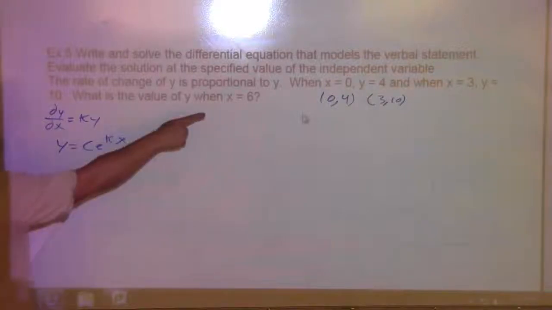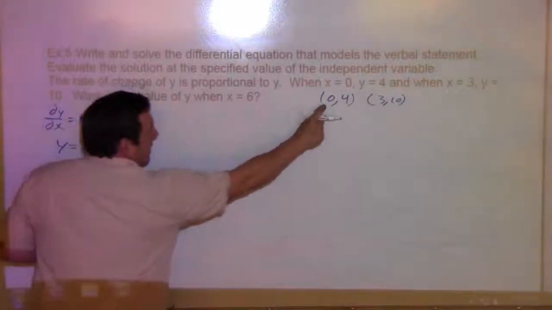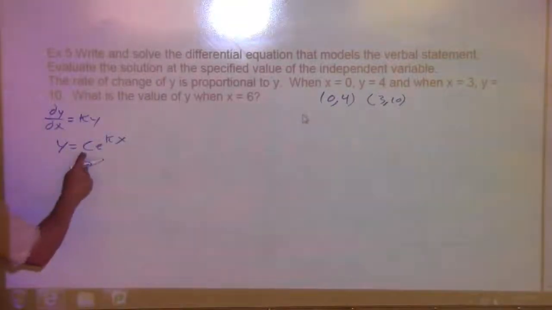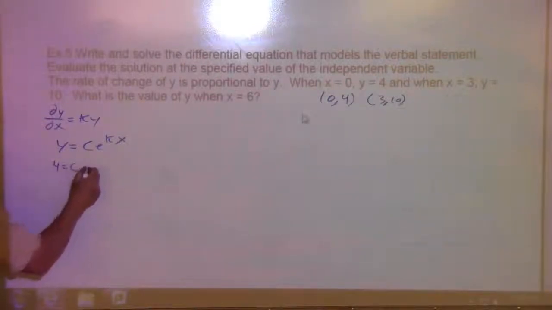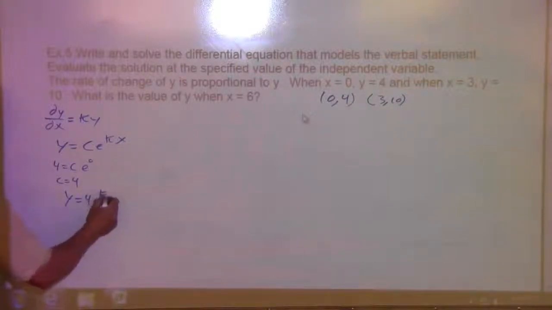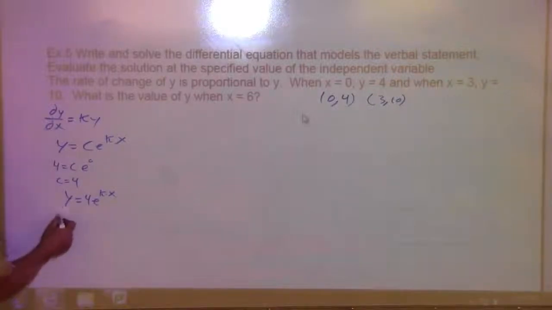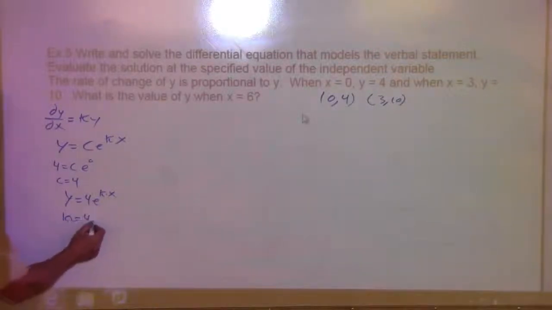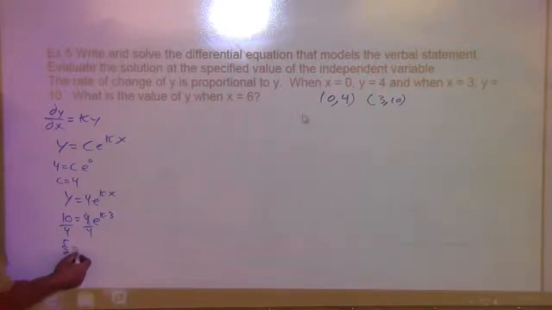Okay, so plugging in the initial condition (0, 4), that's our c. It means 4 equals c e to the 0. So c must be 4. So we have y equals 4 e to the k times x. How about the (3, 10)? 10 for y equals 4e to the k times 3. 10 fourths is 5 halves equals e to the 3k.